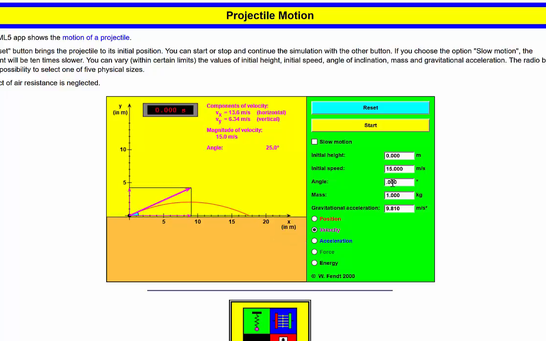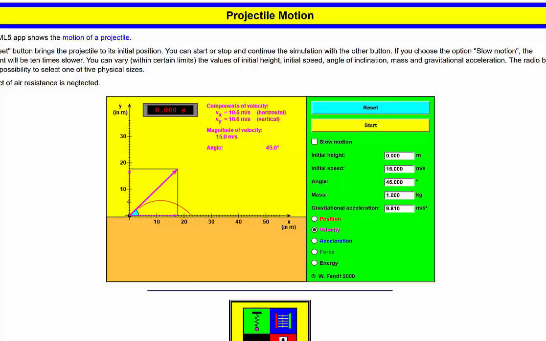Let's go back to the angle being 45, and let's look at the range. Notice the range is about 23, and the height is about 1, 2, 3, 4, 5, between 5 and 6.